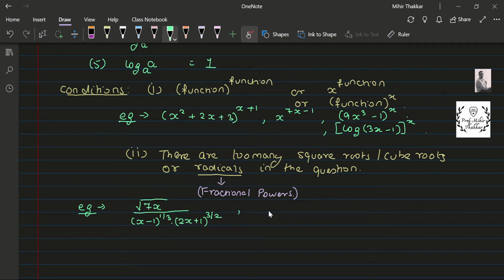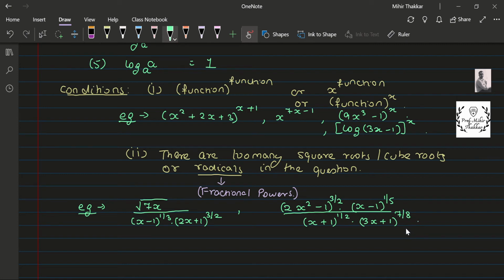Otherwise, I can say a question which is (2x square minus 1) to the power 3 by 2 multiplied by (x minus 1) to the power 1 by 5 into (x plus 1) to the power 1 by 2 and (3x plus 1) to the power 7 by 8.